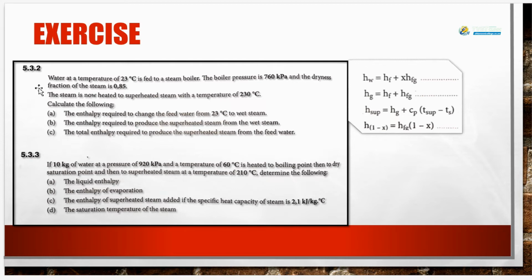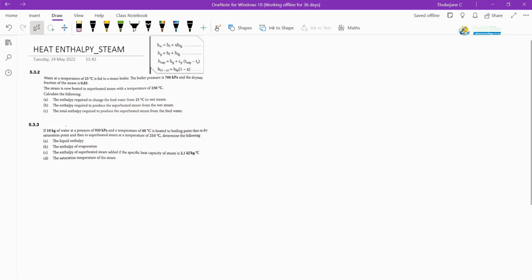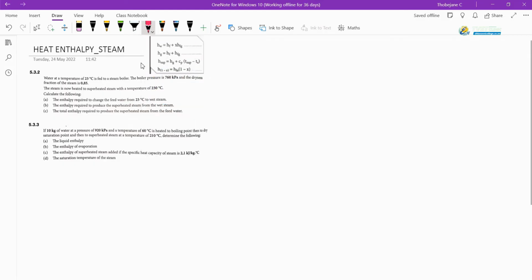Now, we need to extract our data in this case. Let us transfer our equation here to a place where we can write well. What is it that we have? We have our initial temperature, right? The water had a temperature of 23 degrees Celsius. The water is fed into a steam boiler.